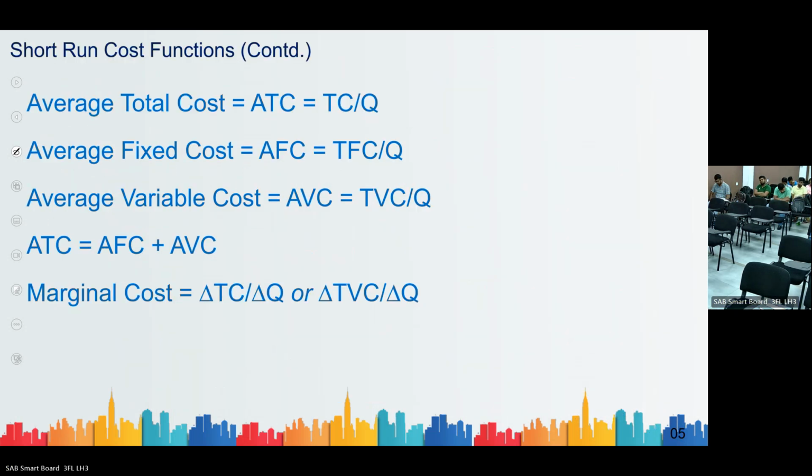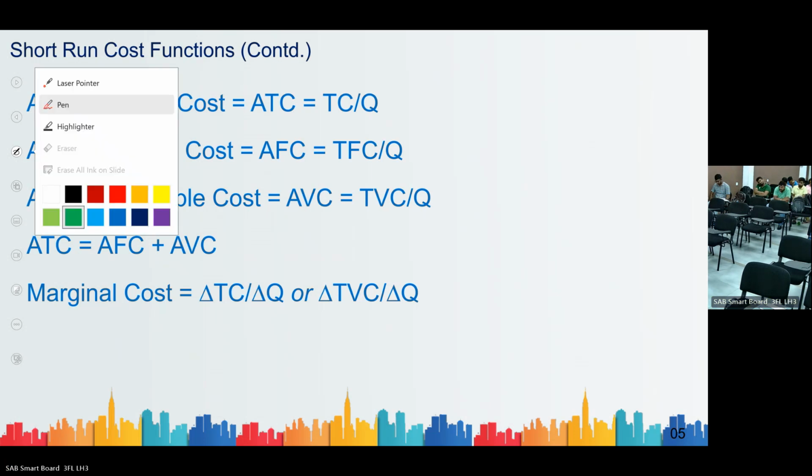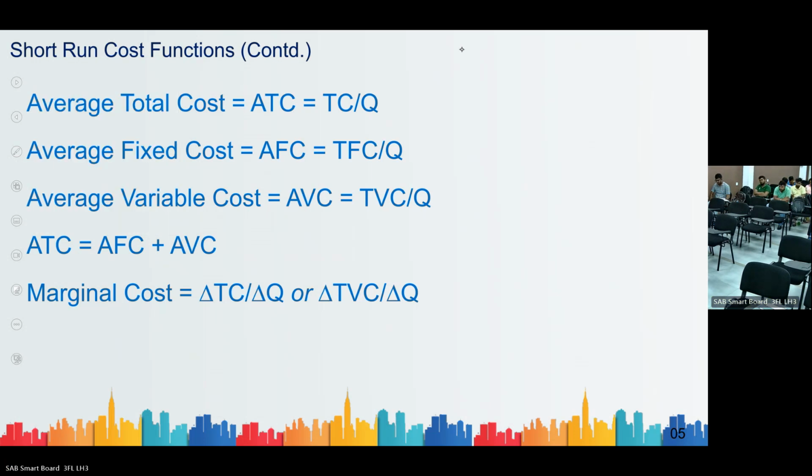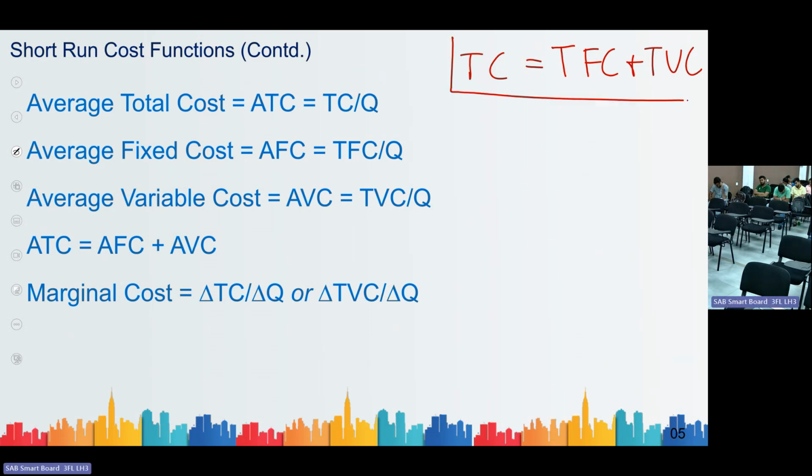So TC is the summation of TFC and TVC. These are the three main cost concepts.